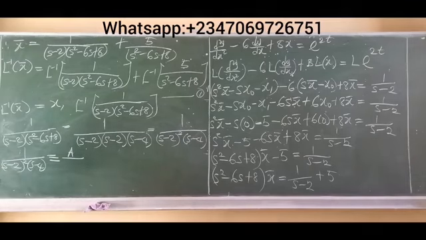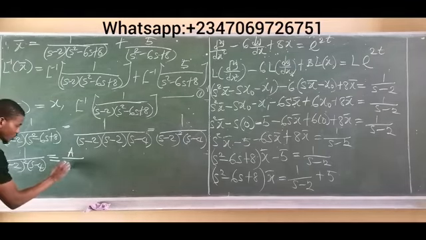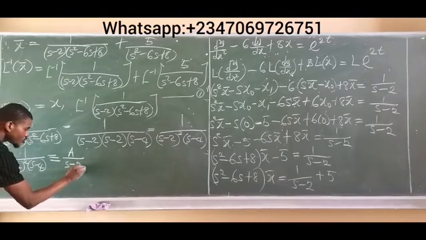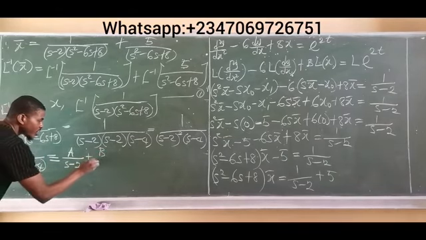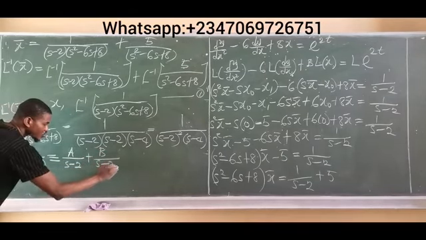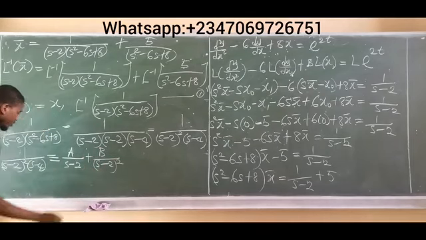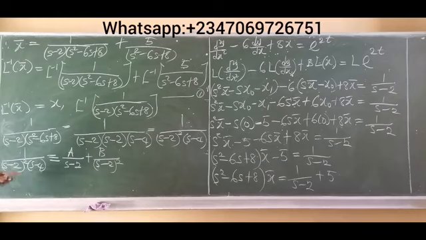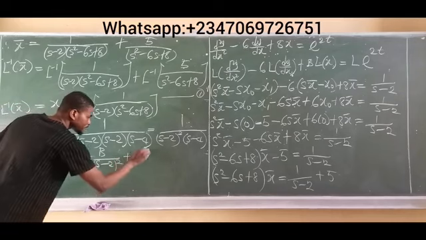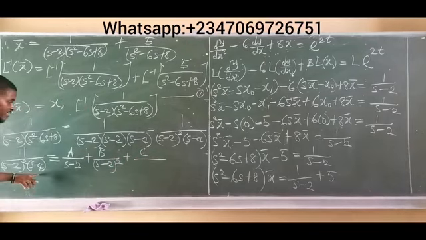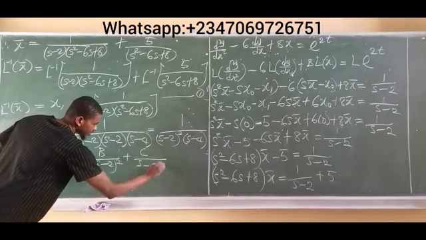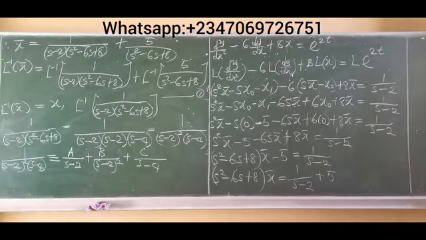So how to approach it is: A all over x minus 2 plus B all over x minus 2 all squared, because we have a factor that is repeating as the denominator. So it is a repeated linear factor, and this is how you solve it. Plus C all over the final bracket there, which is x minus 4.